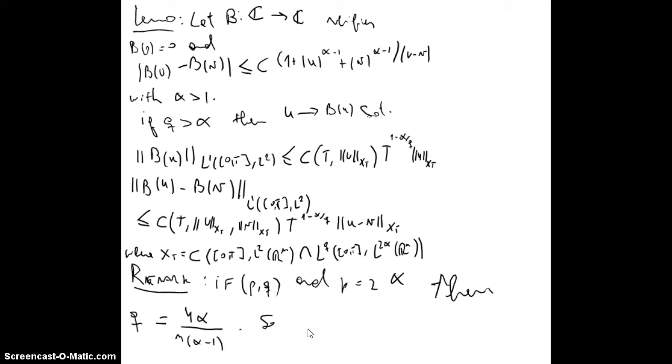So q will be greater than α if α is between 1 and 1 plus 4 over n. We've seen a lot of times this, that always separates the subcritical case from the critical case.